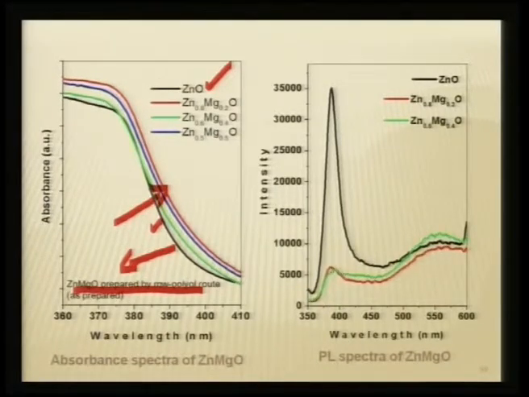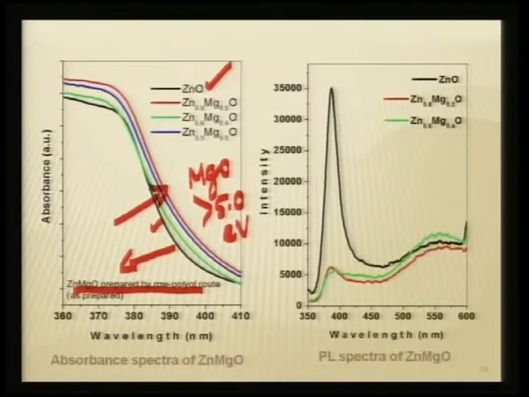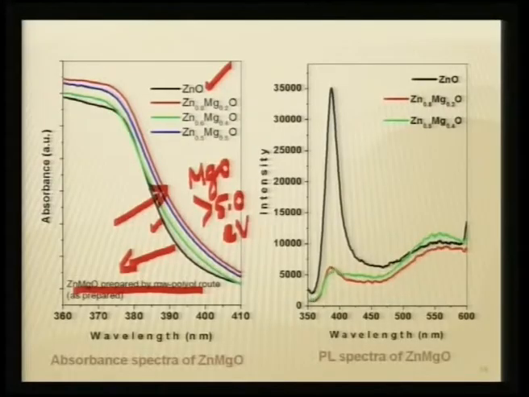What does that mean? Because your MgO has a band gap which is more than 5 eV. One would expect with more and more of magnesium doping, you should see the band shift towards the blue region, whereas you see the negative trend here.